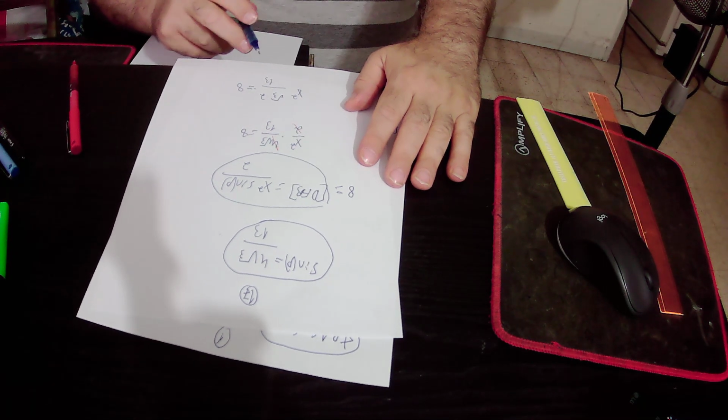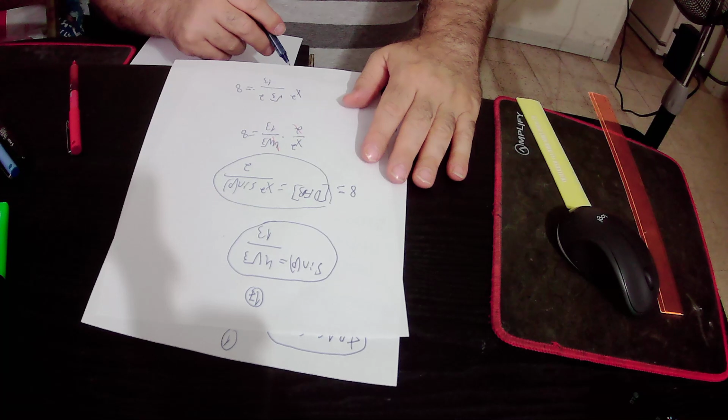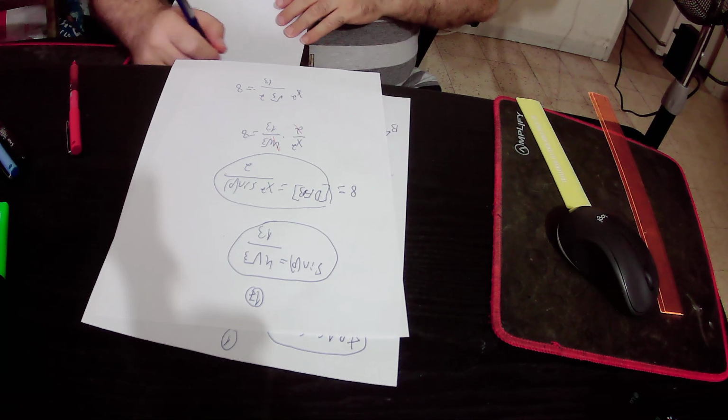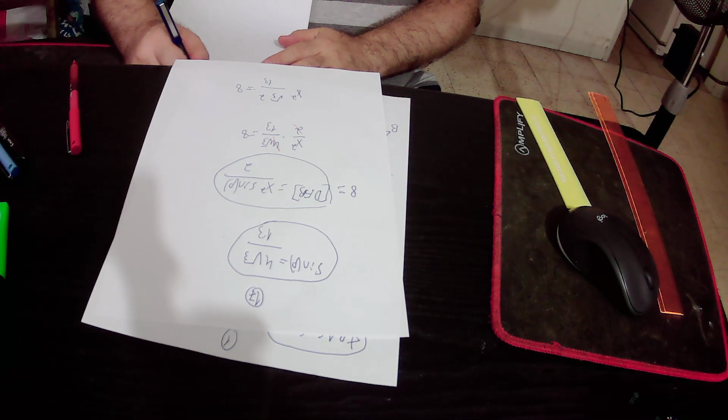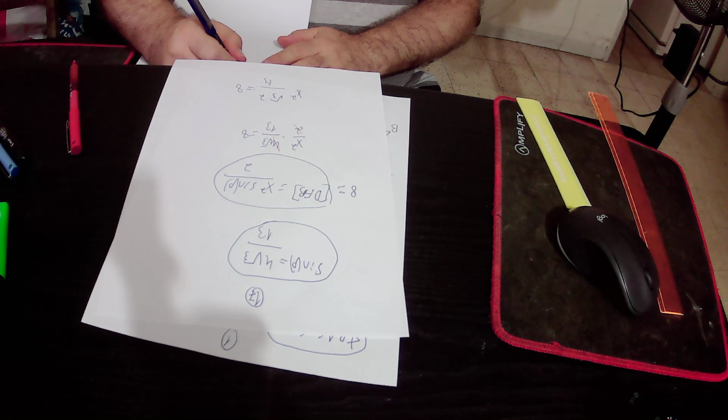Here we will divide this equality by 2 and we will get that root 3 times x squared over 13 equals 4.